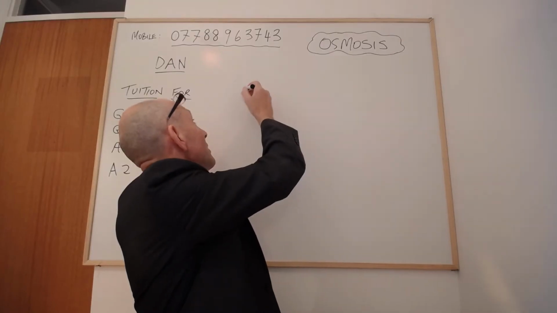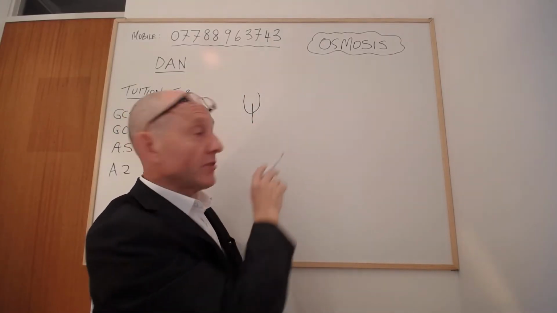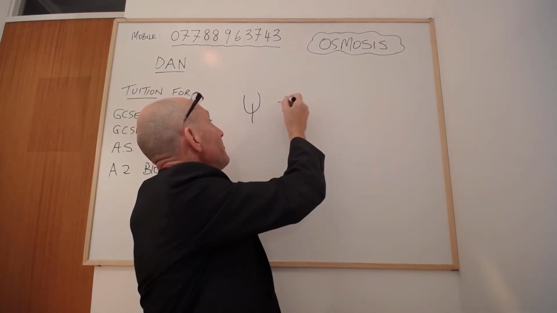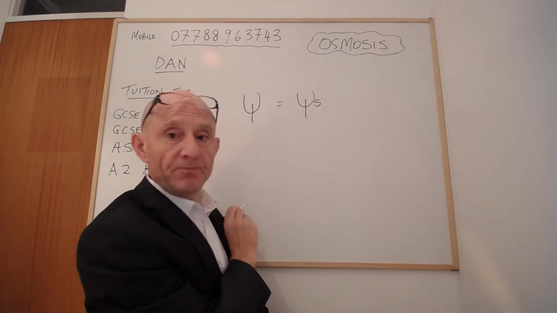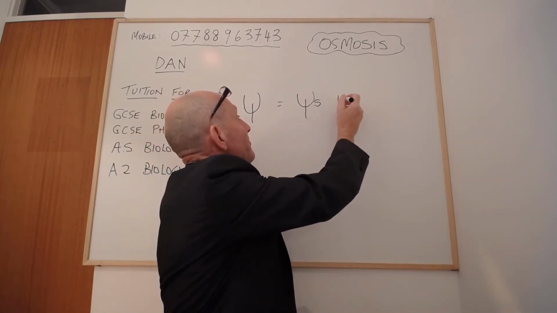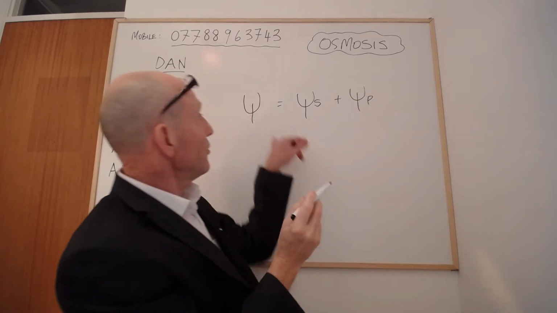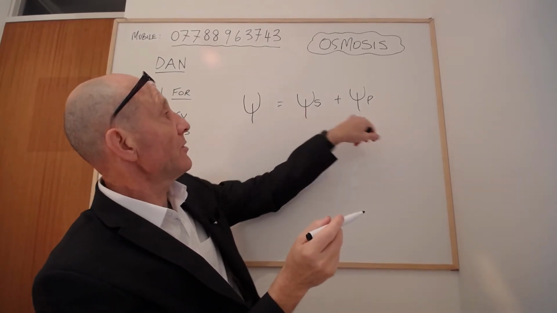Now, the basic formula you have is the water potential. Water potential is written with this kind of like fork affair. Water potential is equal to something called the solute potential plus something else called the pressure potential. So you've got these odd symbols. Water potential is equal to solute potential plus pressure potential.